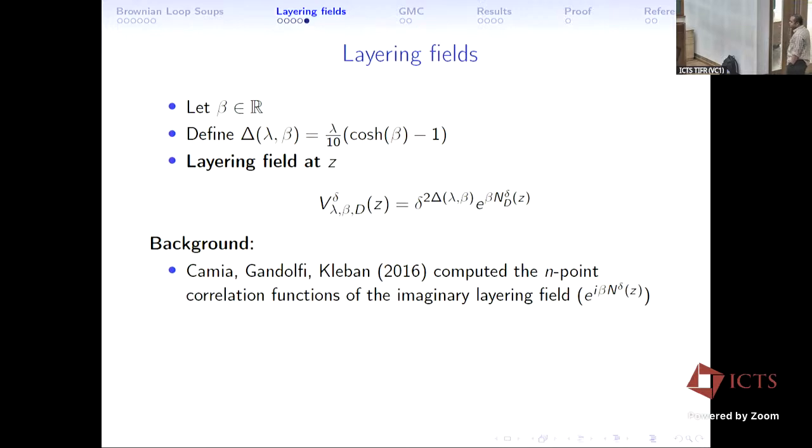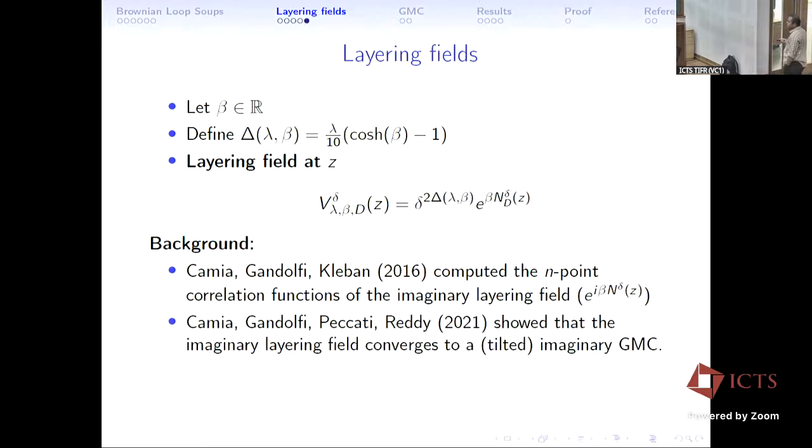Here there is. Subsequently, another paper by Kamiya, Gandolfi, Piccati, and Reddy showed that the imaginary layering field converges to something called an imaginary GMC. I haven't defined a GMC, so this is still mysterious. But yeah, that's the result that I'm trying to emulate here, right?